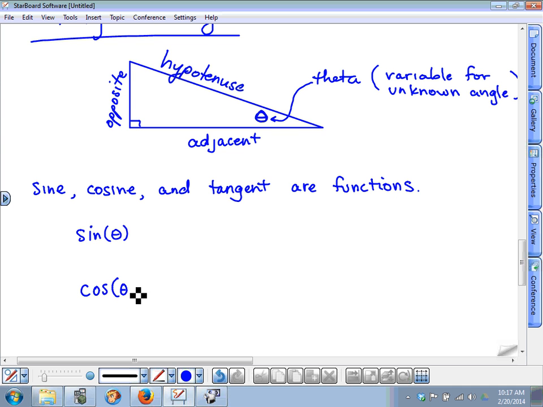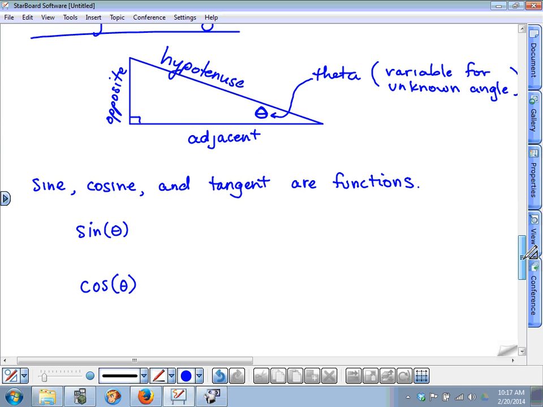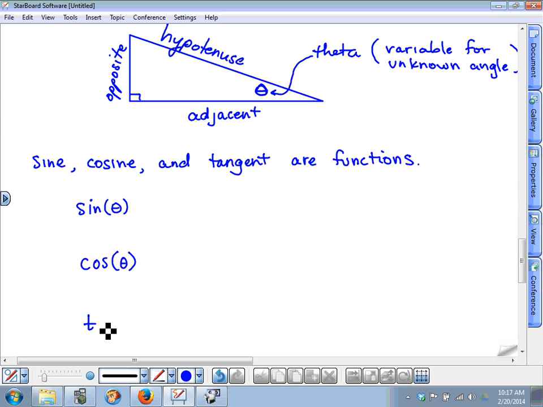The only thing that you input into sine, cosine, and tangent are angle measures. We know what the input is. We place the angle measure inside the sine or the cosine or the tangent function. What's the output?